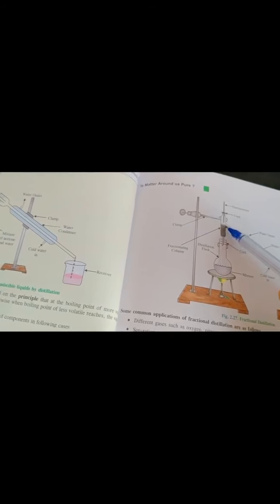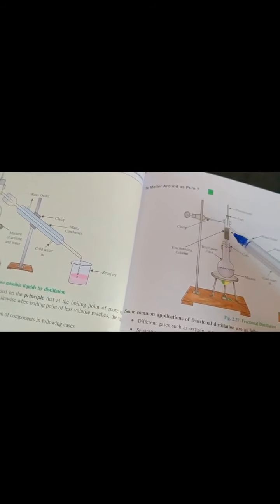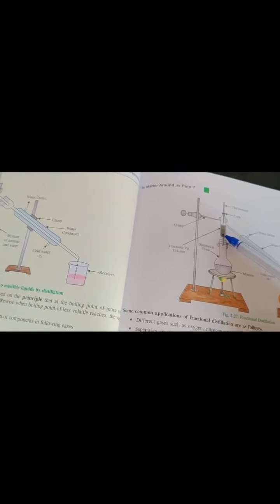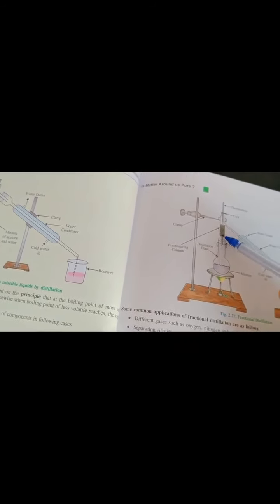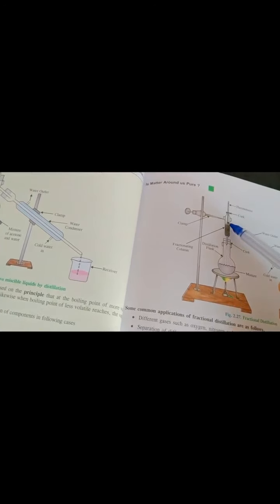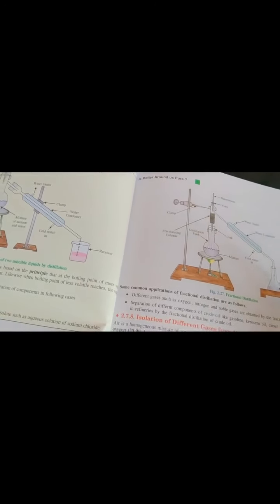First alcohol vapor will come up, then the role of the fractionating column is here, that this will collide with the vapors of alcohol and a small part of alcohol will be condensed, and by losing the latent heat of vaporization, this heat is taken by other particles and they will move up and the vapor of alcohol will come out.